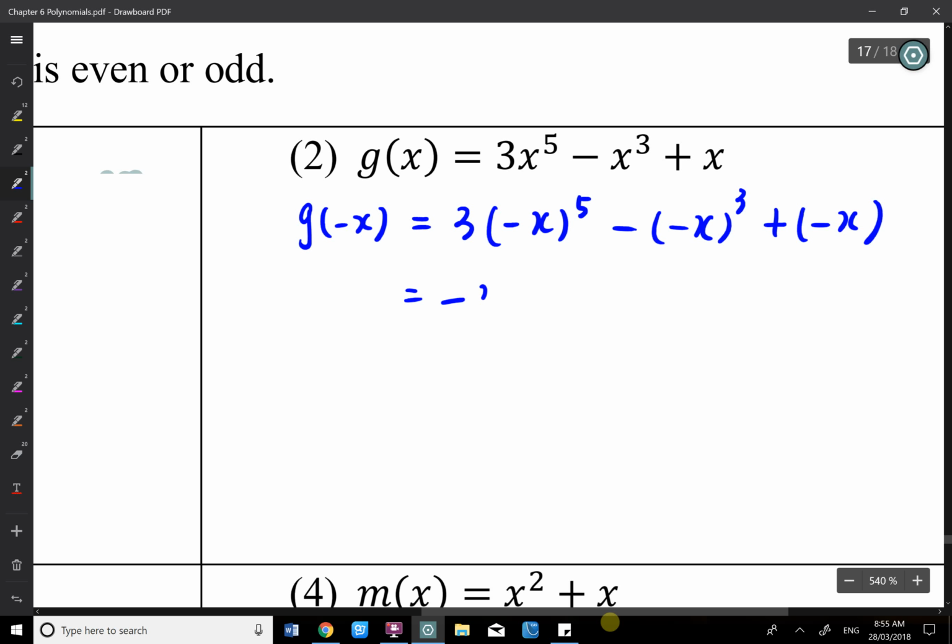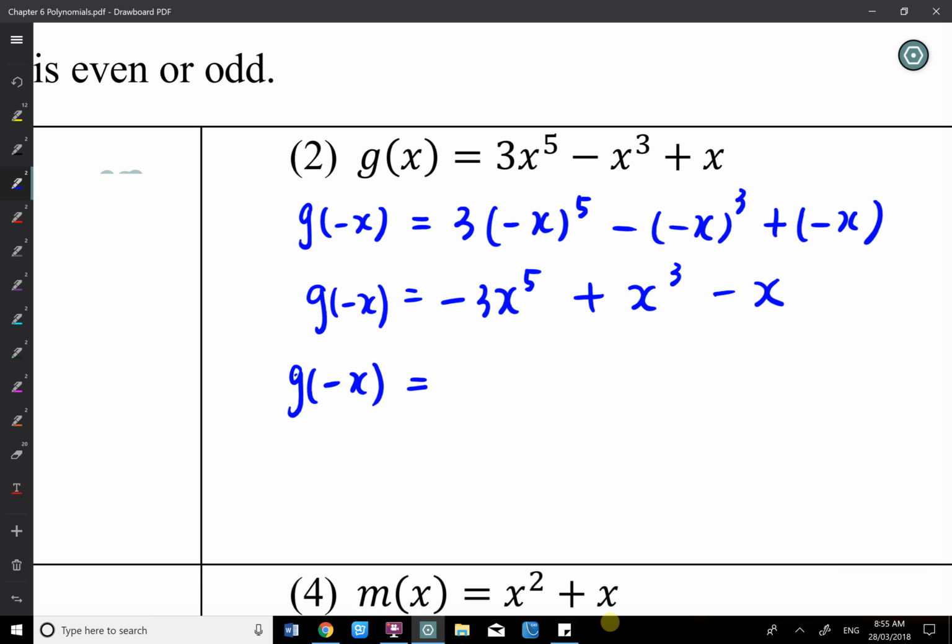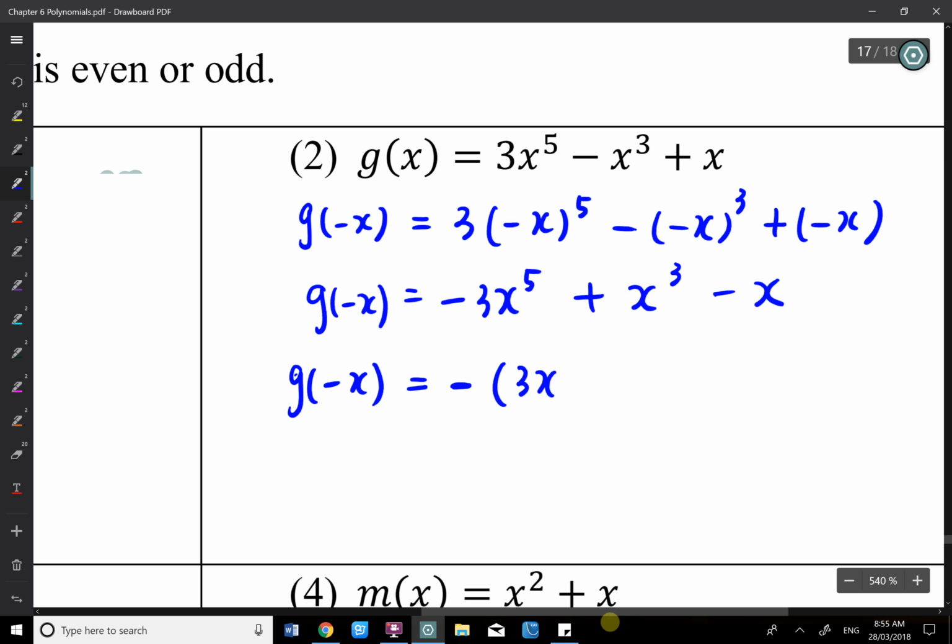That's negative 3x to the power of 5. My g(negative x) equals that plus x to the power of 3 minus x. One more step I can do is to explicitly connect it to g(x), so I take a negative sign as a factor.